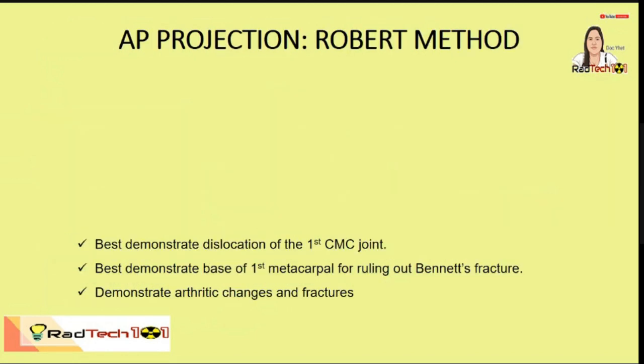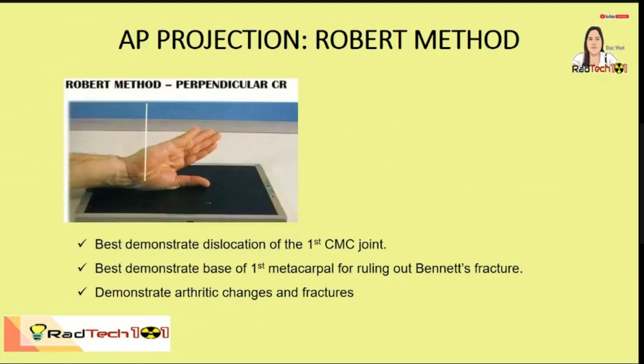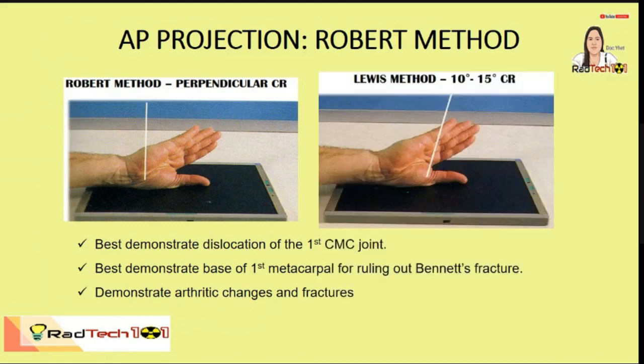So again, to recap, ang purpose ng angulation is para ma-avoid ang superimposition as well as to open the joint spaces na hindi makita sa perpendicular na central ray. So again, na-discuss na naman natin yung mga purposes kung bakit tayo gumagamit ng angulation.